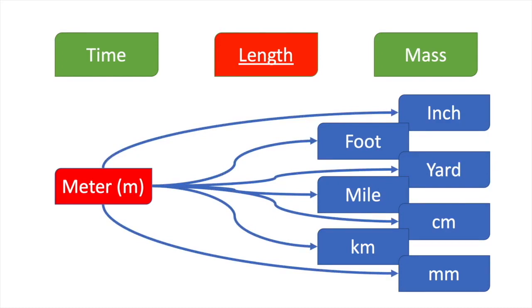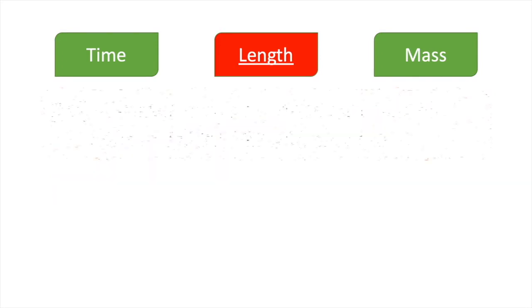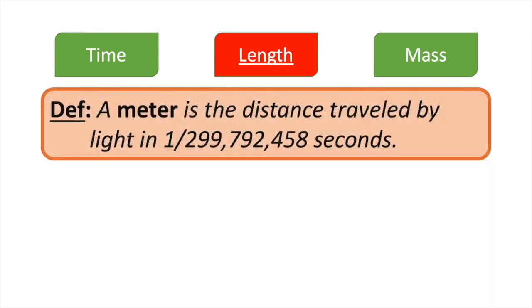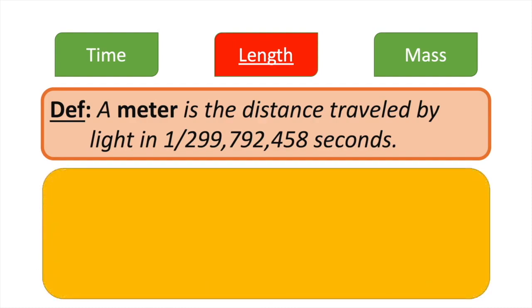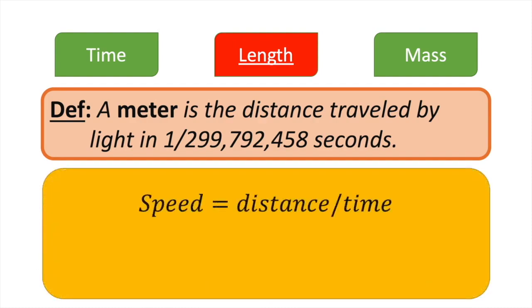And the meter is defined to be the distance traveled by light in 1 divided by 299,792,458 seconds. I actually really like this definition because it is a pretty quick application of the formula that speed is distance over time, and we cleverly use the fact that the speed of light is constant.